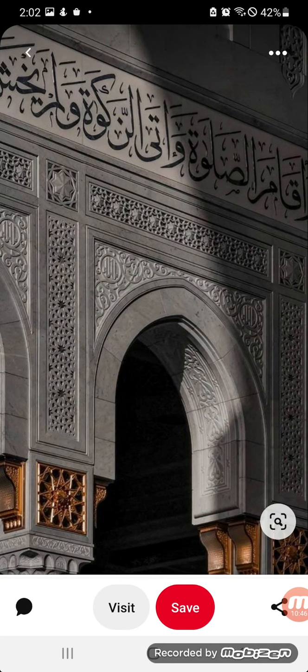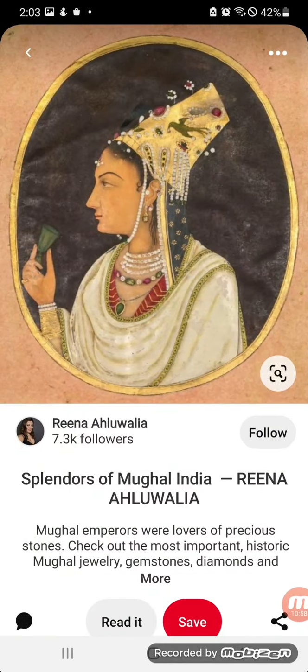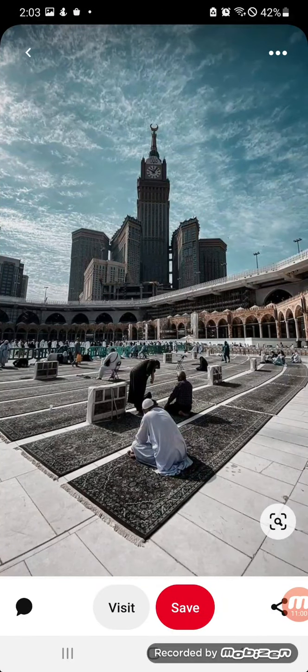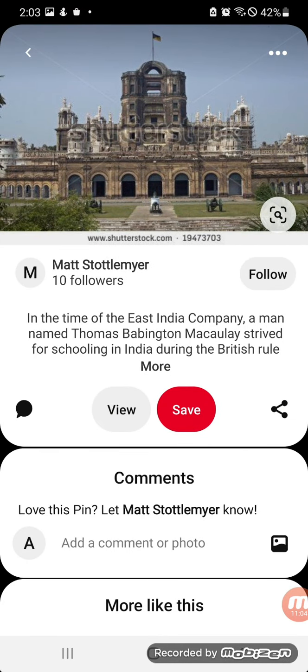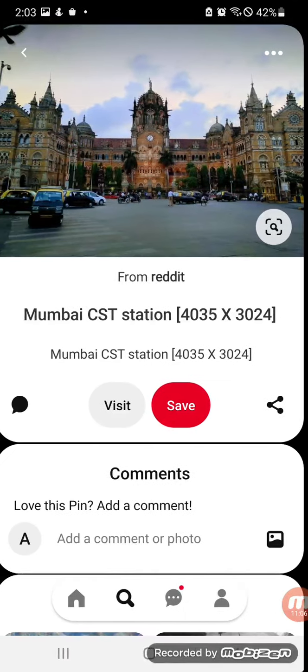Islam arrived in India in the 7th century. The first king was Babur, the Mughal emperor, who arrived from Afghanistan. He came in the 15th century to acquire India, and in the 16th century, this is actually some glimpse of the king and queen. And these were the houses and palaces.